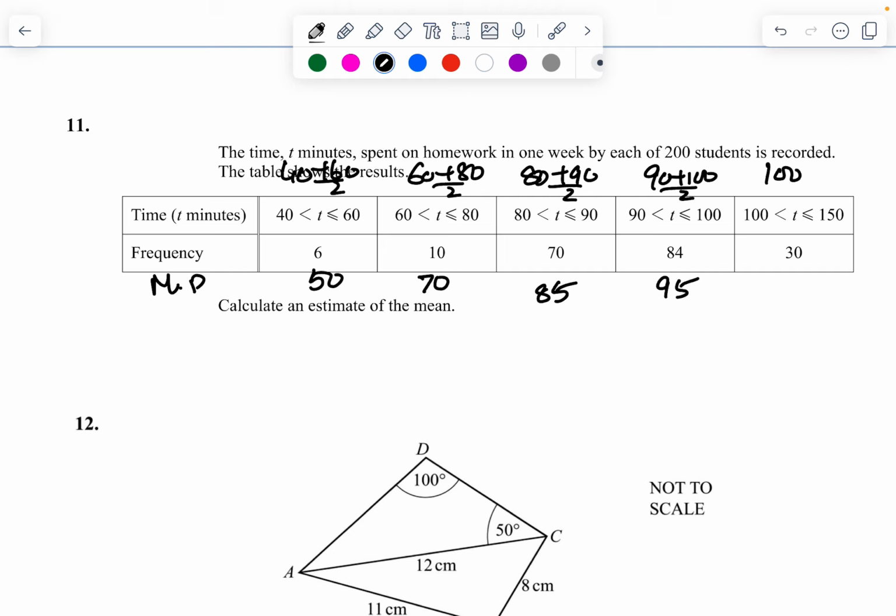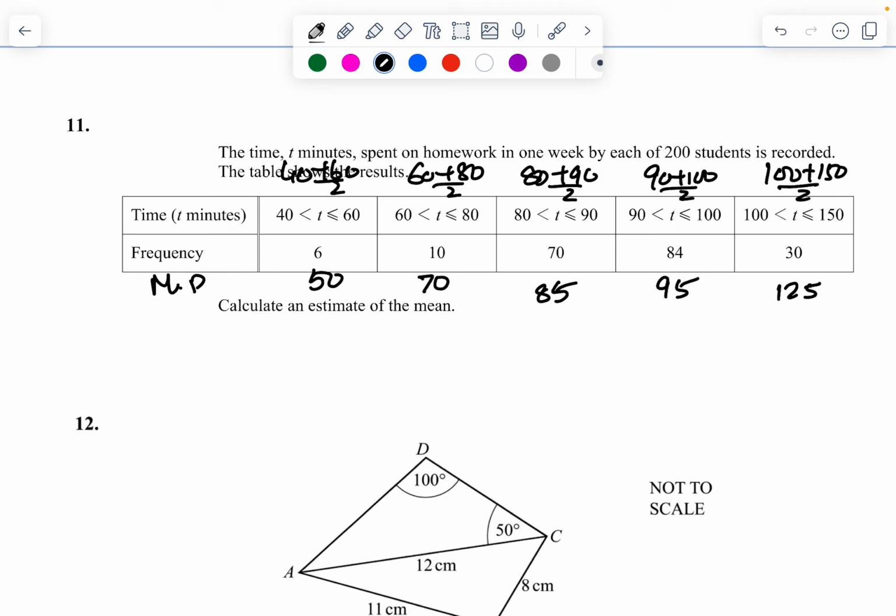Then finally (100 plus 150) by 2, which is 250 divided by 2, so I get 125. Those are the midpoints. Once I get the midpoints, I should find the mean.